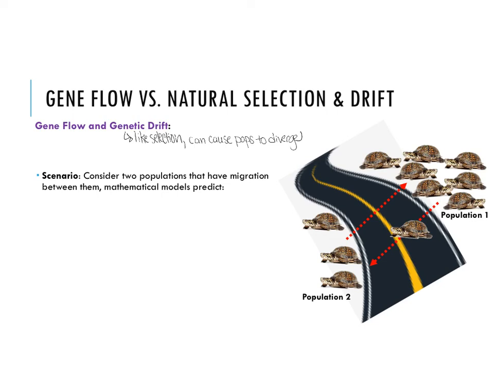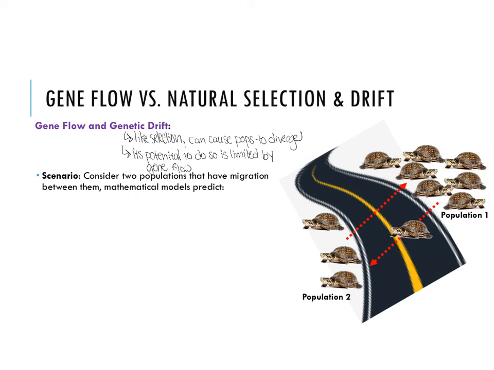Okay, but its potential to do so is limited by gene flow and migration. All right, so we have this little scenario. It's not much of a scenario, but it's what we got. We've got two populations that have migration occurring between them. There's a mathematical model that predicts the outcomes that we can use.